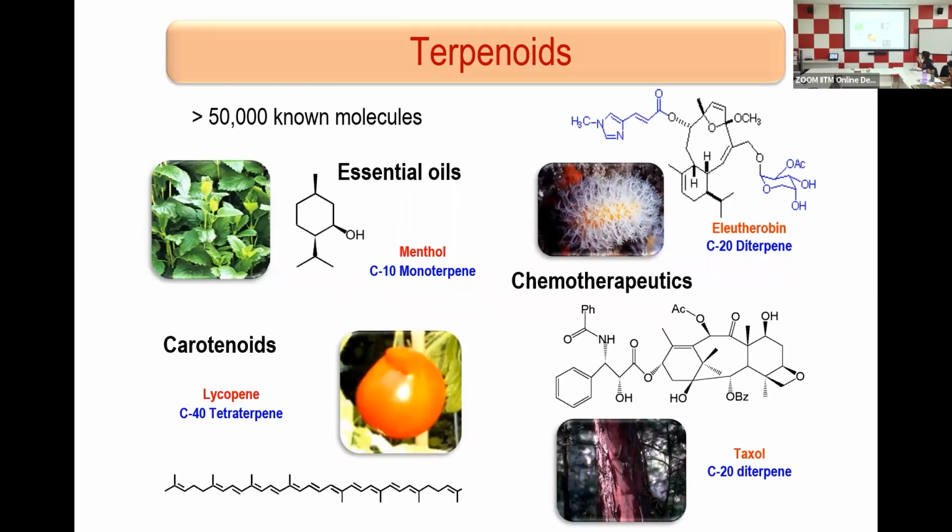And the background is that there are many molecules called terpenoids that are super interesting molecules from many points of view. Many of these products are made by plants. So that means that the pathways for their production are not in bacteria, but some of them have very important economic value. For instance, menthol, or some chemotherapeutics, or lycopene, or Taxol.